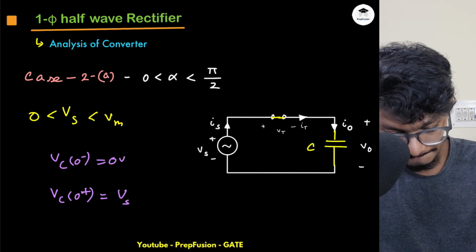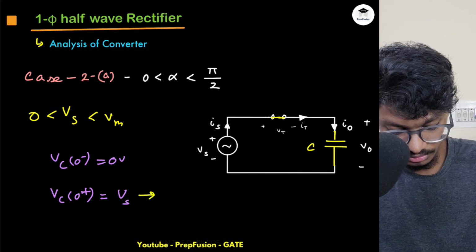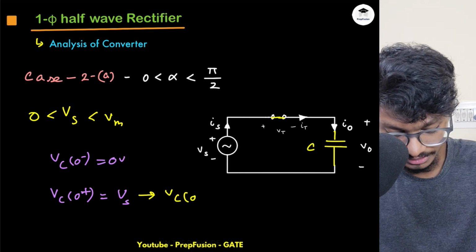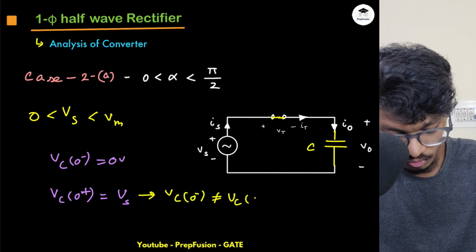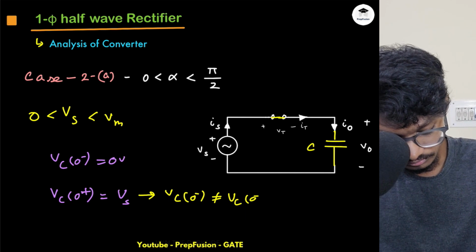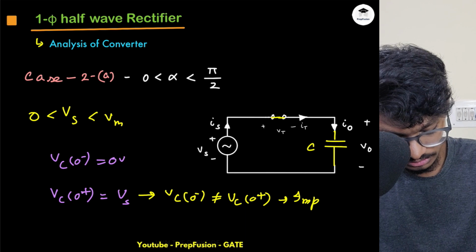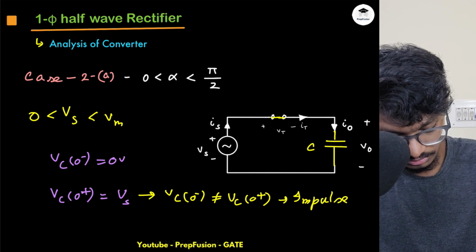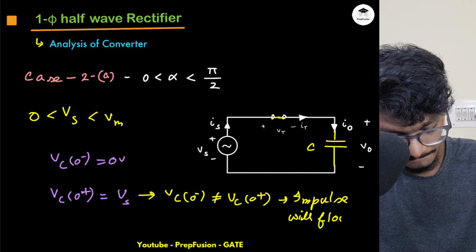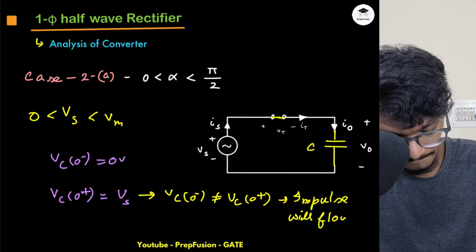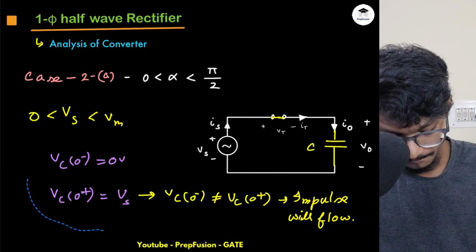So obviously impulse will flow. My VC0 minus is not equal to my VC0 plus. So what will happen? An impulse will flow.